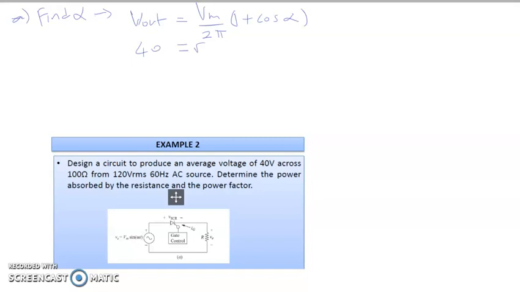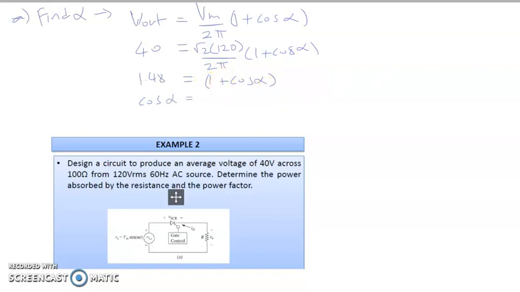So V out is here given already as 40 volt. So V max we have to multiply by root 2 because here it is given in RMS. So 120 volt times root 2 divided by 2 pi times 1 plus cos alpha. So you rearrange the formula. So 1.48 equal to 1 plus cos alpha.